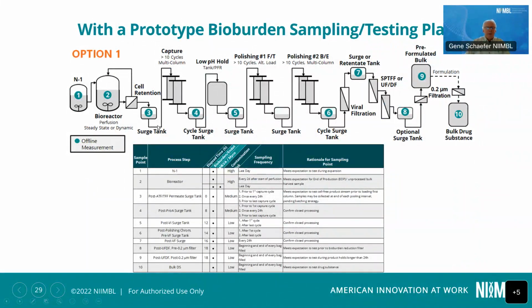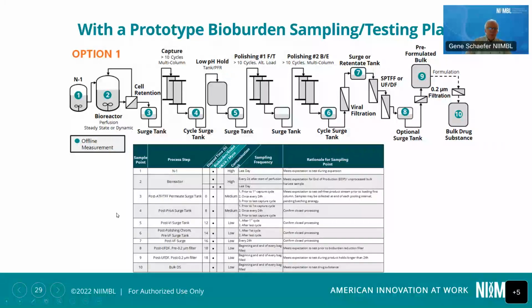But for bioburden testing, we put together a fairly comprehensive plan, but put in elements of risk so that could be reduced in the frequency of testing for lower risk elements of the process. So for example, in the polishing purification steps where you may have more stringent cleaning protocols in place, may not need a very high frequency of sampling in an extended run.